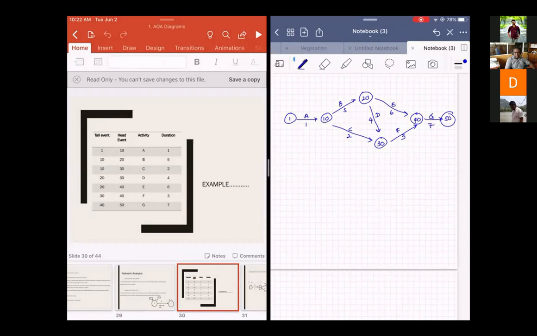So this is the network. This is what I have asked you to draw.